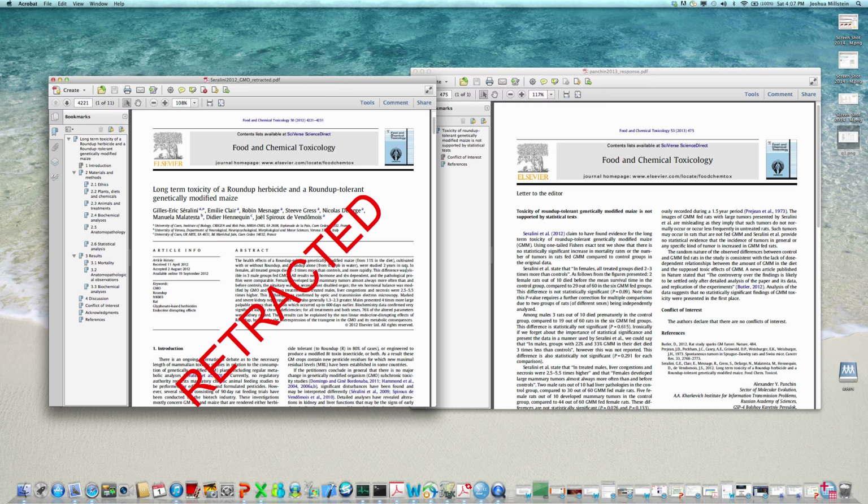If we look at the abstract, the second sentence says, in females, so this is the paper itself, long-term toxicity of Roundup. It says here, in females, all treated groups died 2 to 3 times more than controls and more rapidly. But they don't say whether that's statistically significant or not.